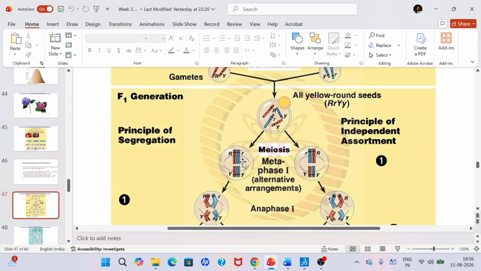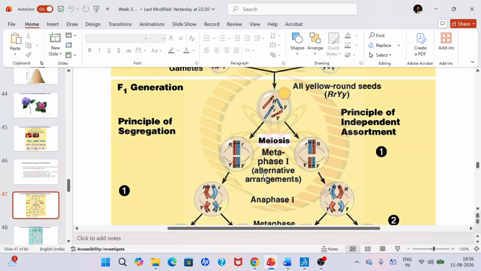Now the characters will come together and give us the phenotype that was there in the genotype. So we can observe characters by phenotype only. Whatever is there in the genome will be seen in the phenotype of that particular organism or plant. So it was the principle of segregation, principle of independent assortment.